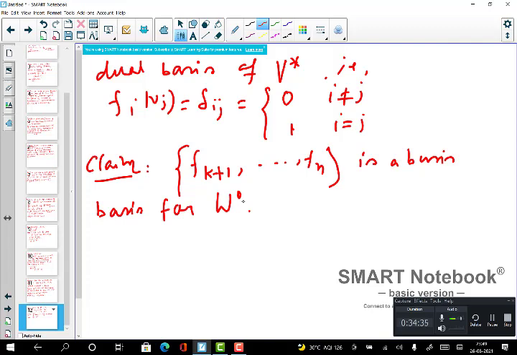If you can prove that, then we are done, because the dimension of W naught will be n minus k, and the dimension of W will be k, so the sum will be exactly n, right? So this is similar to the proof of the rank-nullity theorem.